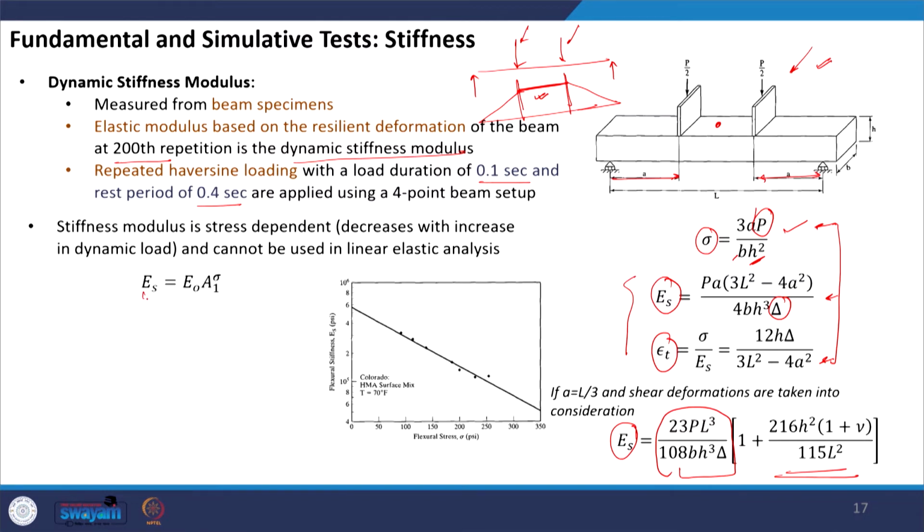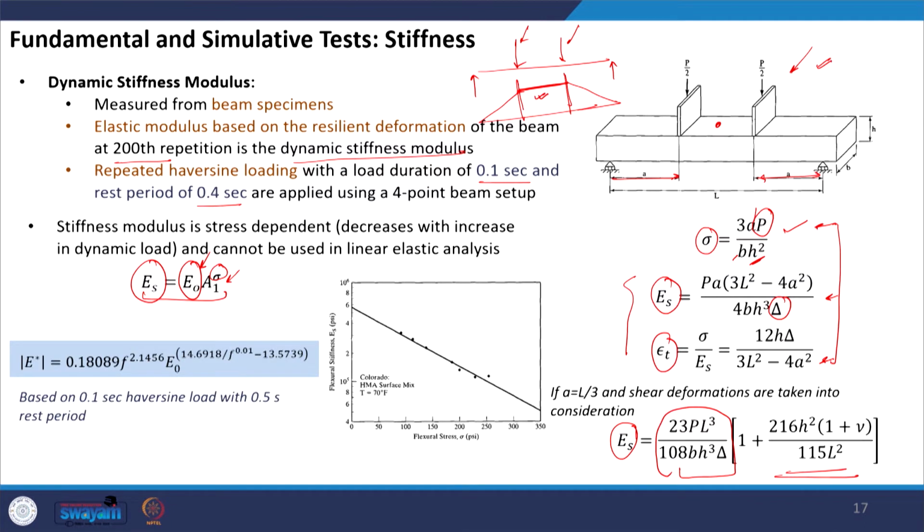So, this is a typical equation which you get, that the stiffness modulus is equal to E naught, which is the modulus at stress equal to 0, into A1, which tells us about the stress susceptibility of the mix, divided by sigma. So, this is a general equation, and then people have tried to develop correlation between dynamic stiffness modulus and dynamic modulus, and this is again one of the equations which is based on 0.1 second Haversine load with 0.5 second rest period. I am not discussing this, I am just putting it here for reference.